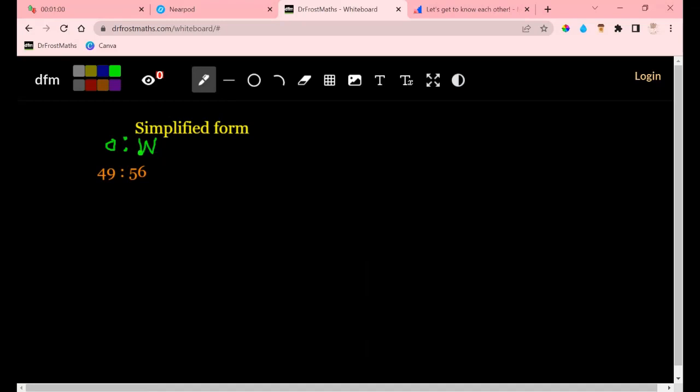For example, if you take a Sunquick drink, the amount of Sunquick and water. So the amount of Sunquick is 49 milliliters and the amount of water is 56 milliliters. Then you have a problem, that is, you don't know the exact amount. You can't define the amount because these are in big amounts.